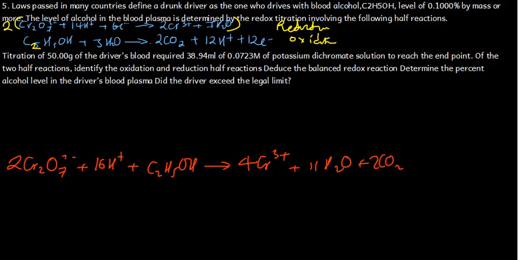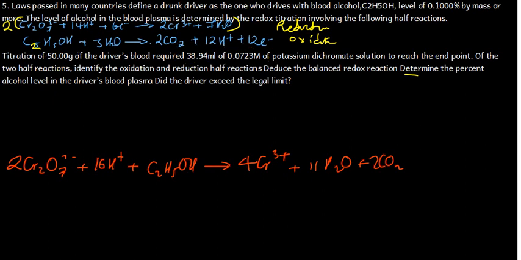And then another question: determine the percentage alcohol level in the driver's blood plasma. So the first thing that we want to calculate is the number of moles. We've been told that when you reacted 50 grams of the driver's blood, it required this much potassium dichromate.